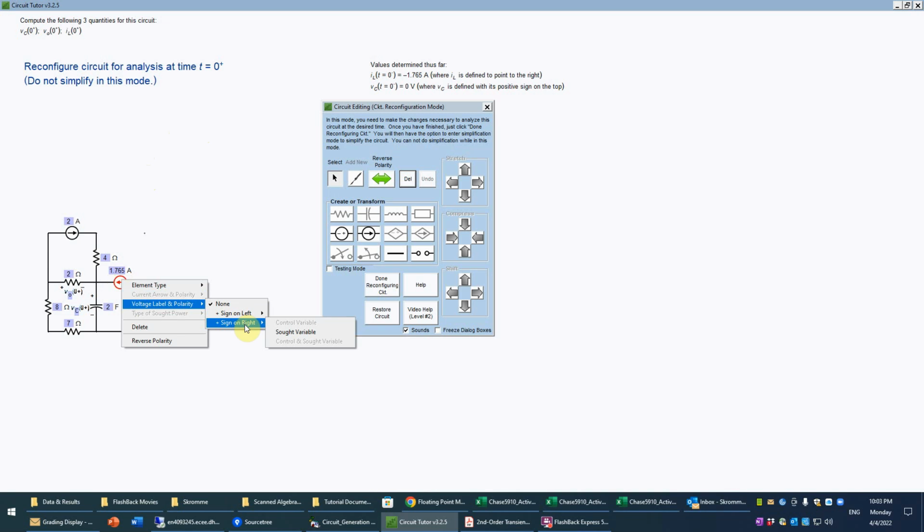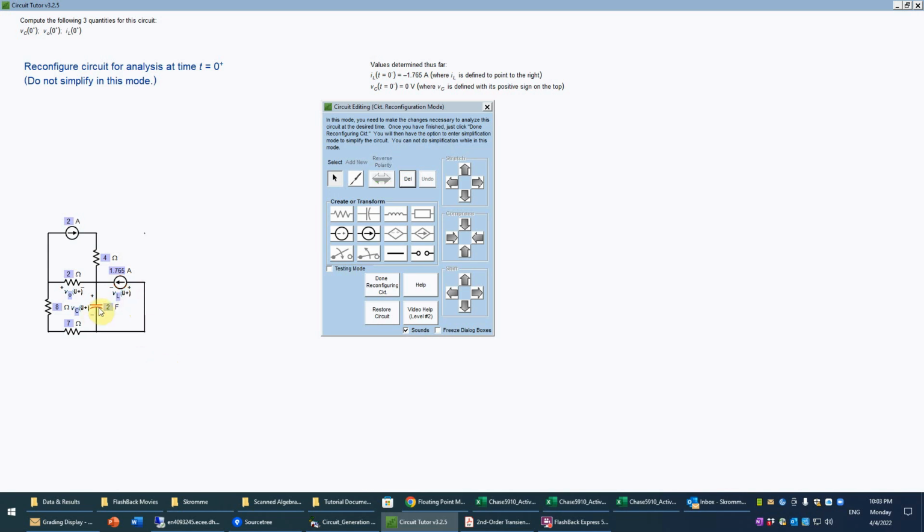And so I'm going to put the positive sign on the right. I think that's probably the easiest way to do it here, rather than respecting the original convention, because since I've already reversed this, I'll reverse this as well. Okay, so now we have passive sign convention for that element.